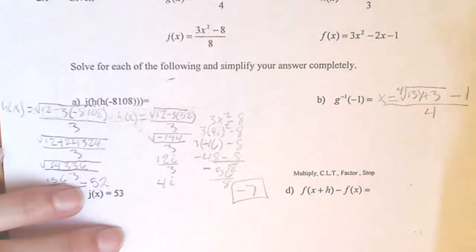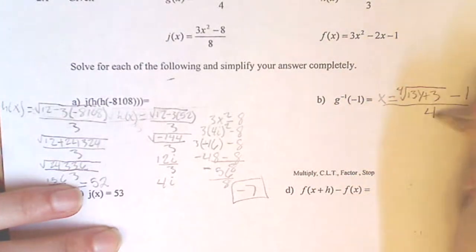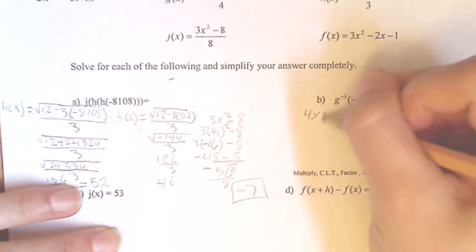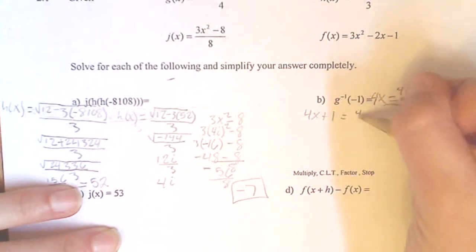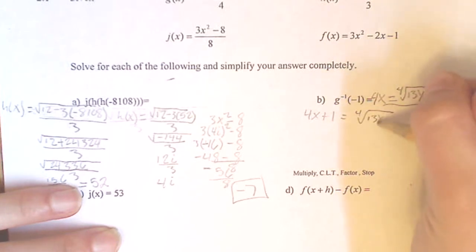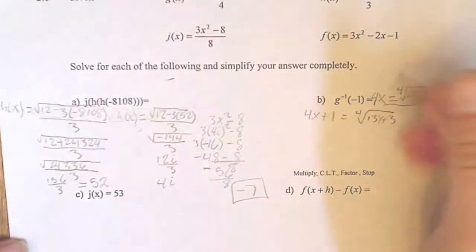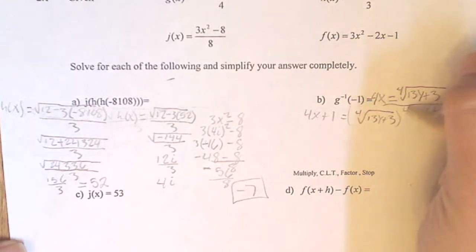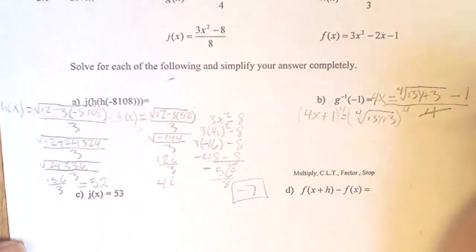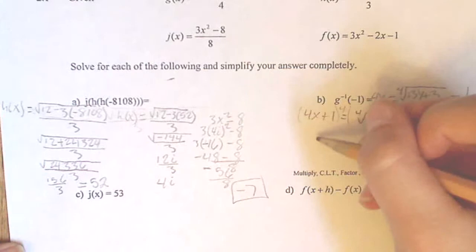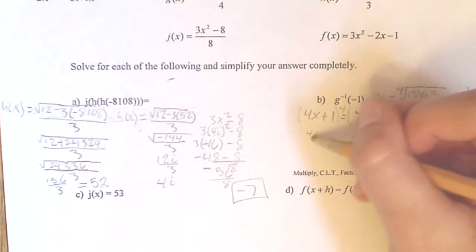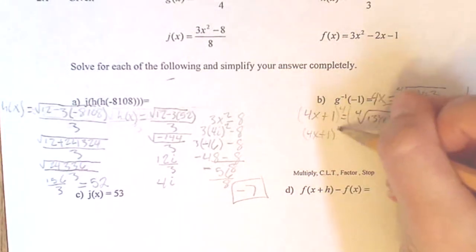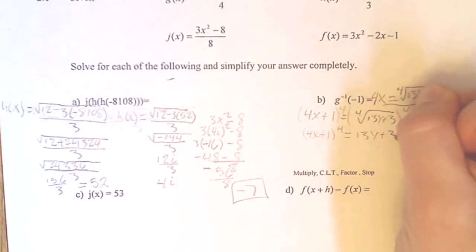And you're going to multiply by 4, so that gives you 4x. You're going to add 1, you get 4x plus 1 equals the fourth root of 13y plus 3. You're going to put them both to the fourth power to get rid of that root 4. And this gives you 4x plus 1 to the fourth equals 13y plus 3.